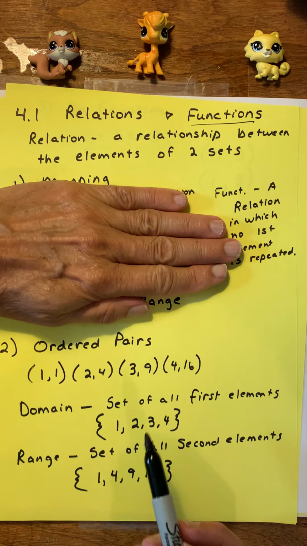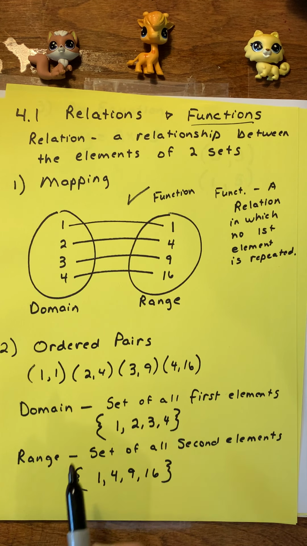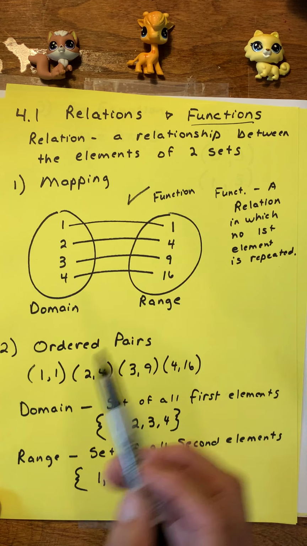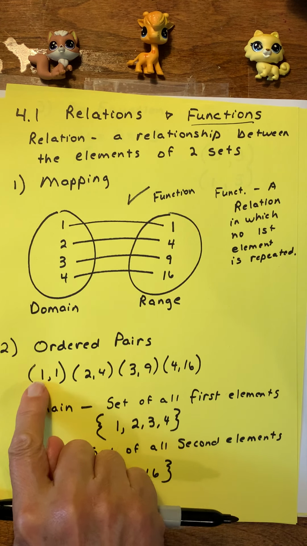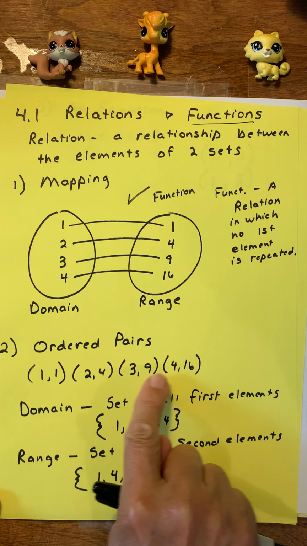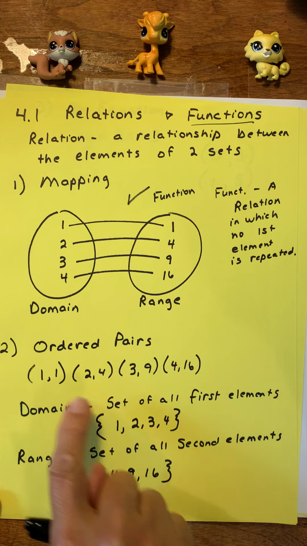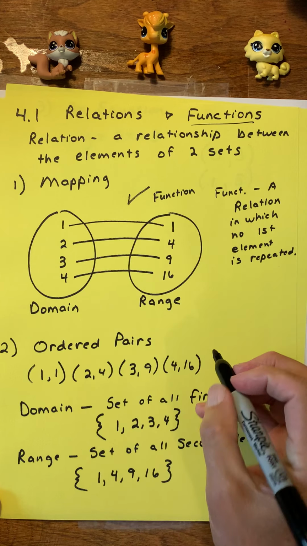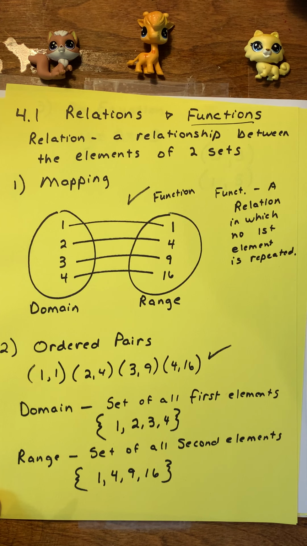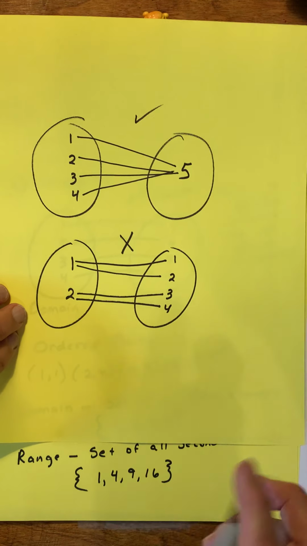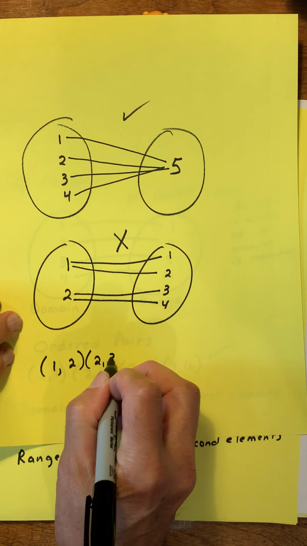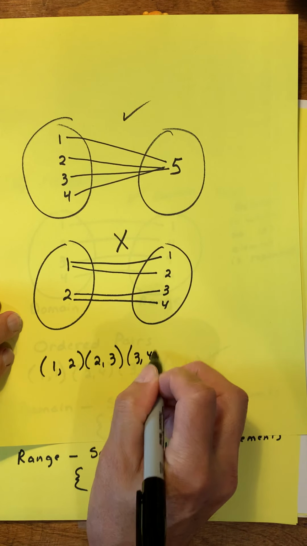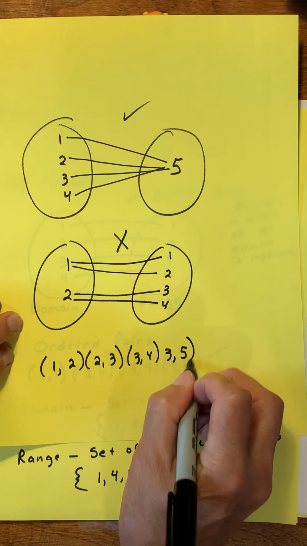All right, what if you don't have a mapping? What if you have ordered pairs? Again, I ask myself, is any first element repeated? Let's see, I got a 1, I got a 2, I got a 3, I got a 4. Hey, no repetition in the first elements. So this, likewise, is a function. What if I had ordered pairs like this? (1, 2), (2, 3), (3, 4), (3, 5).